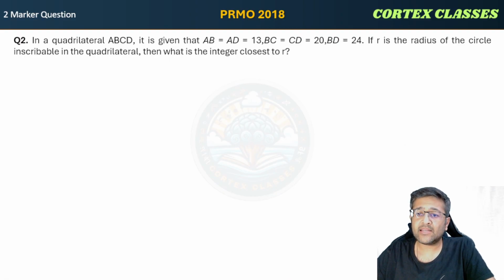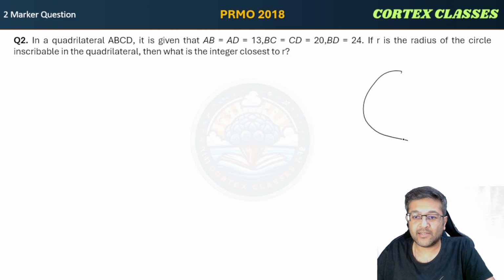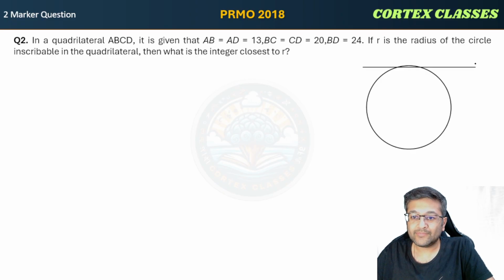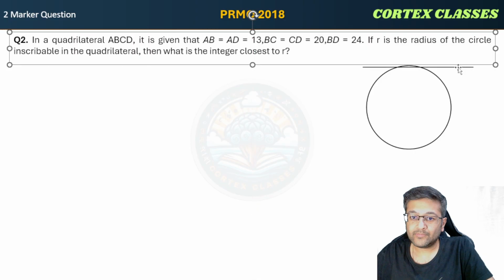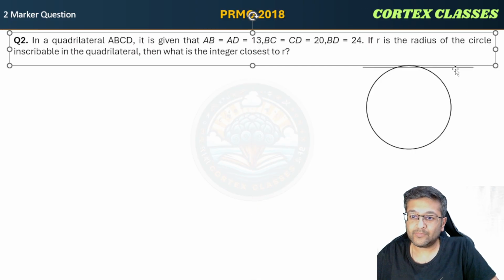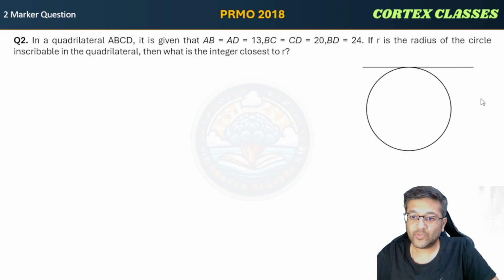And it's given R is the radius of the circle inscribable in the quadrilateral. Okay. So we'll be needing a circle. So it is better to draw the circle beforehand and then draw the quadrilateral, right? थोड़ा नीचे कर देते हैं.